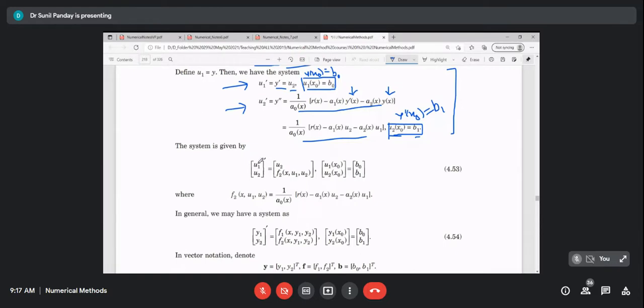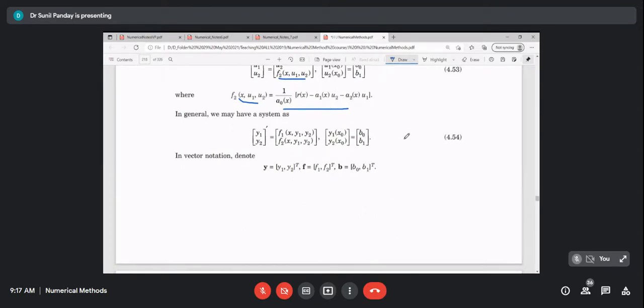So it means we have u1 dash and u2 dash entries, and then here we have u2, and the whole thing up to here we have assumed as f2, and this is the initial condition where f2 of x, u1, u2 is given by this.